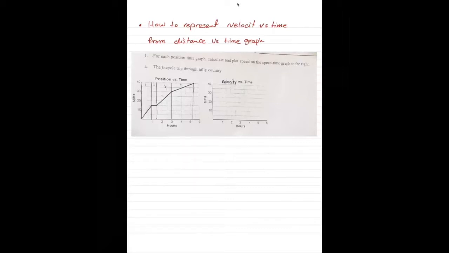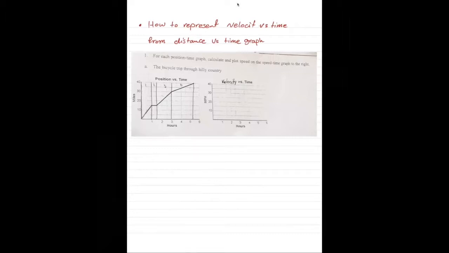So in a test or a quiz, if we were given the position and time graph, the professor could ask us to draw the velocity and time graph, or she could give us the velocity and time graph and ask us to get the position out of it. You have a worksheet from class last week, and we're going to go over some of these problems.